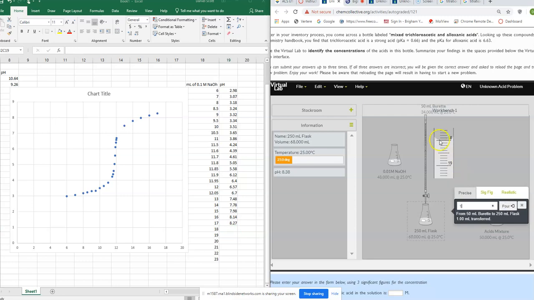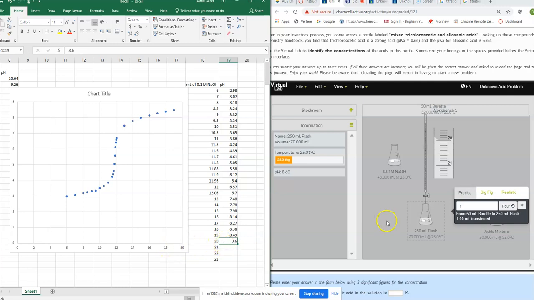All right, so I add 18 mLs, 8.38. Still not, I just think we're okay. I think if we keep adding 1 milliliter, hopefully we don't miss it. 8.49. Yeah, we look like we're okay. So just keep adding 1 milliliter, 8.60, until it looks like it starts to go up. So that was 20, 8.60. Wait, where's 20 at on here?